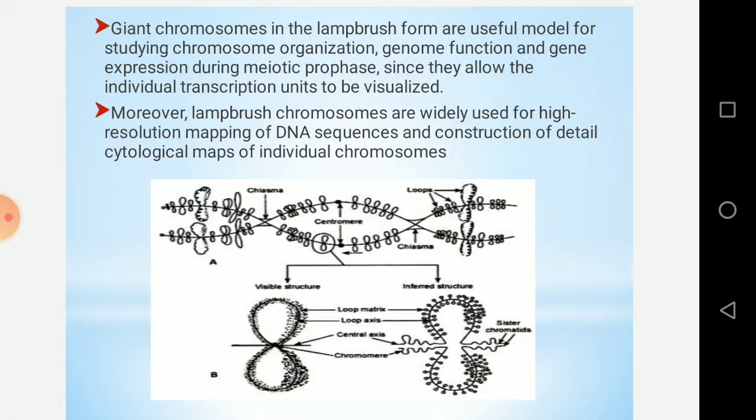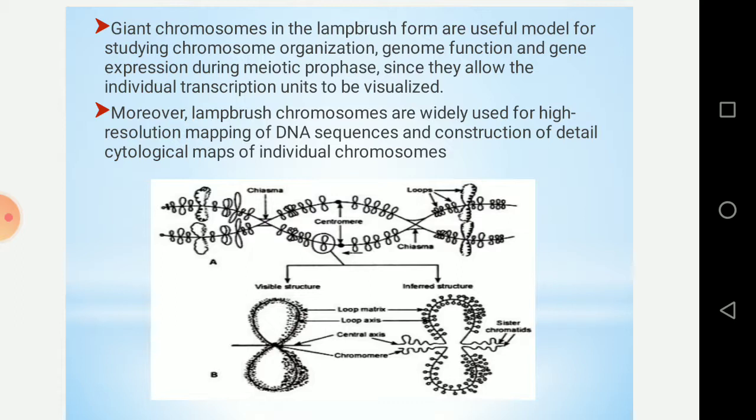Moreover, lampbrush chromosomes are widely used in high resolution mapping of DNA sequence and construction of detailed cytological maps of individual chromosomes. So it is very useful in the cytogenetic and genetic study of organisms.